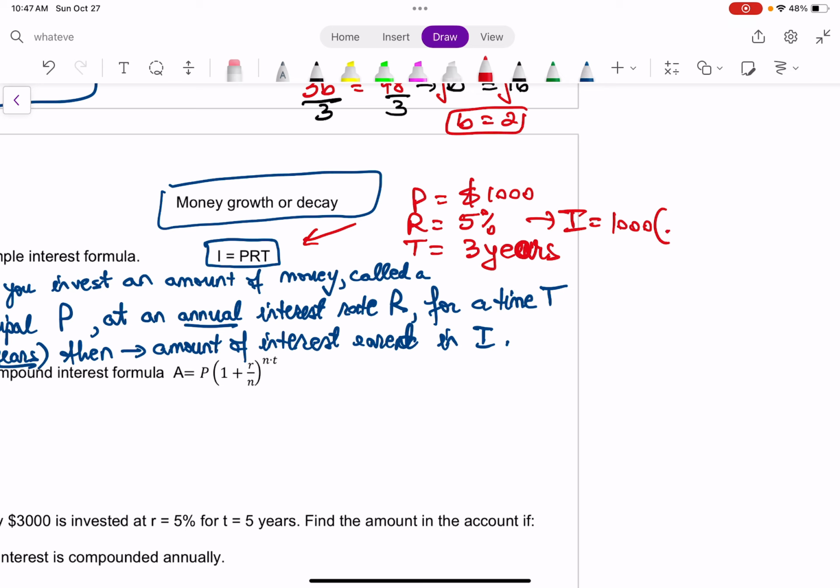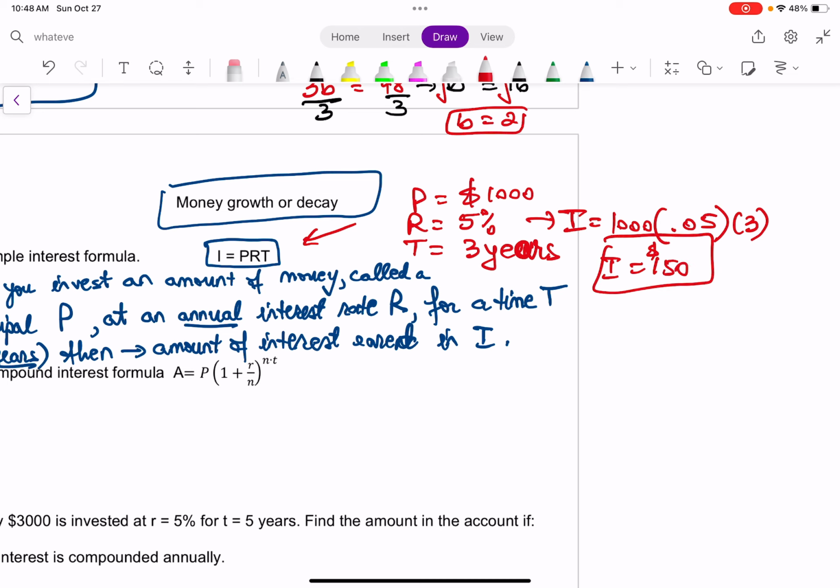So $5 per $100 simply means 0.05. So if you learned to change percent numbers into decimals, 5 per 100 is 0.05, and then times 3. So 1,000 times 0.05 times 3 is $150.